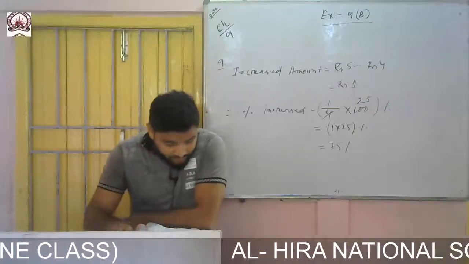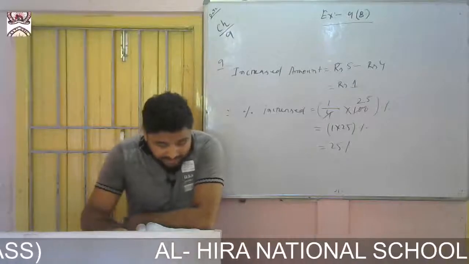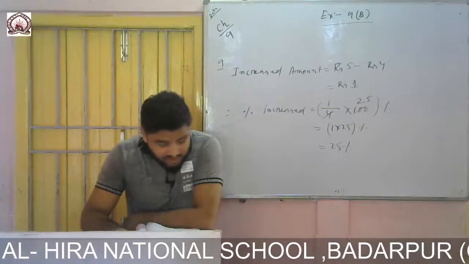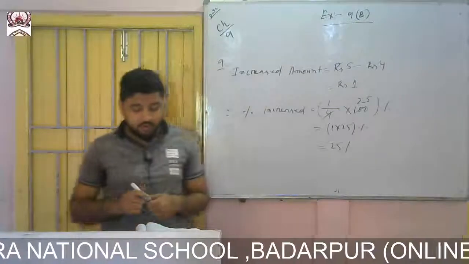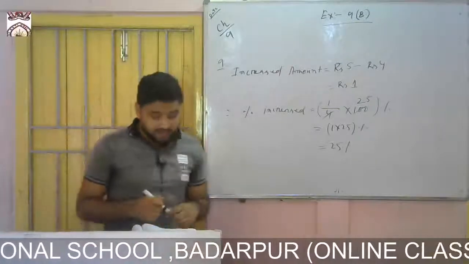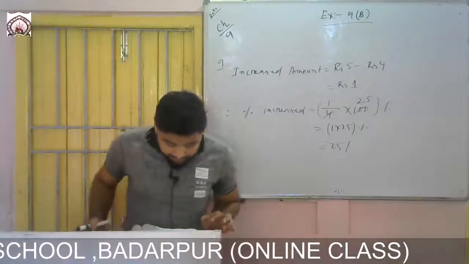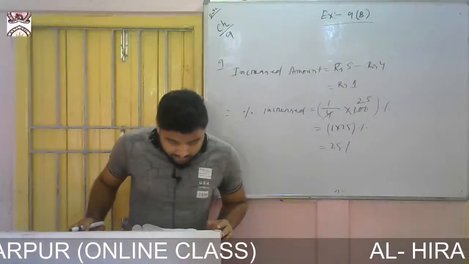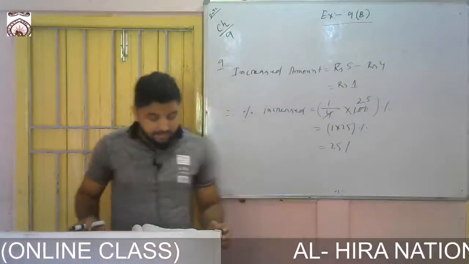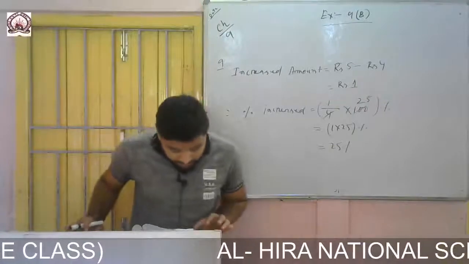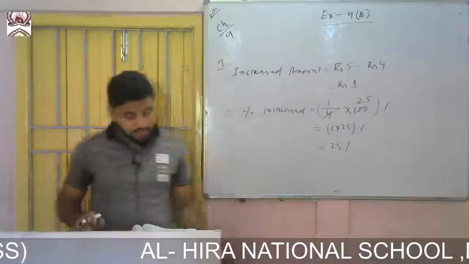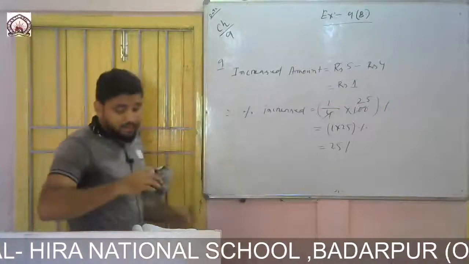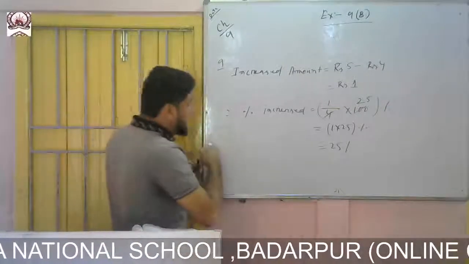The number of people employed in a firm decreases from 240 to 210. Find the percentage decrease. These are all the same.